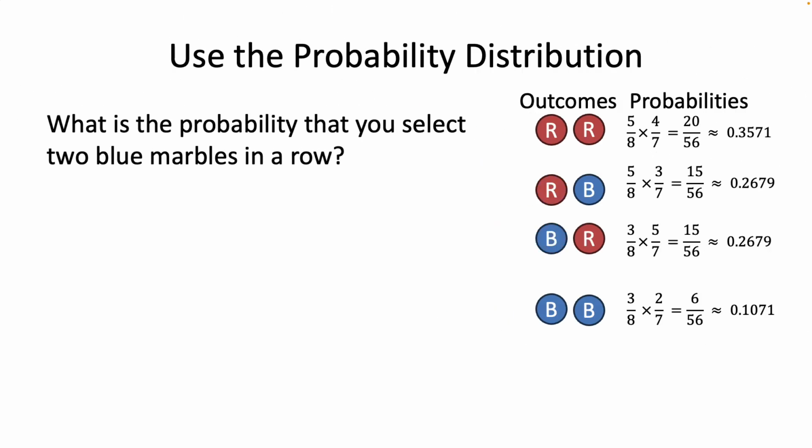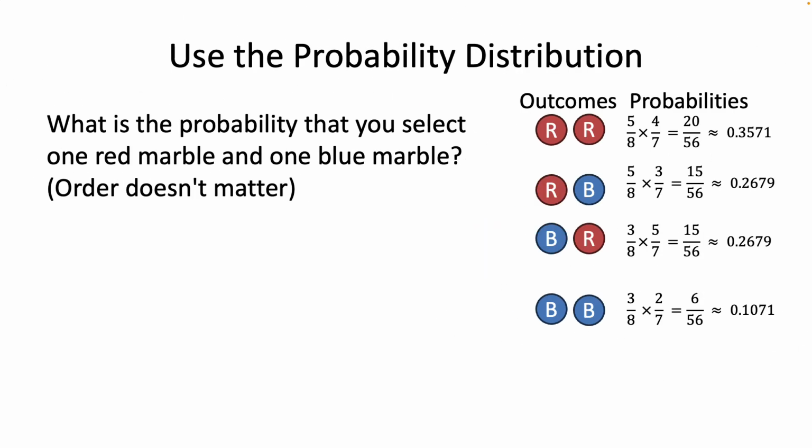What's the probability you select 2 blue marbles in a row? Well, that one is also in our probability distribution. It's the last one. So the probability we get blue then blue is 0.1071. Once again, we've already done the hard work by creating the probability distribution.